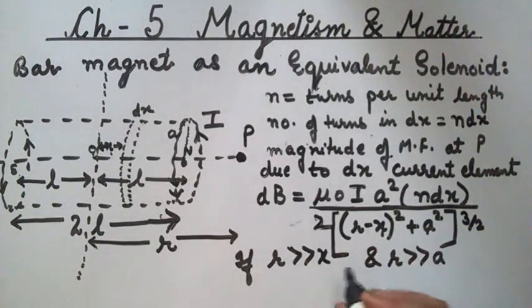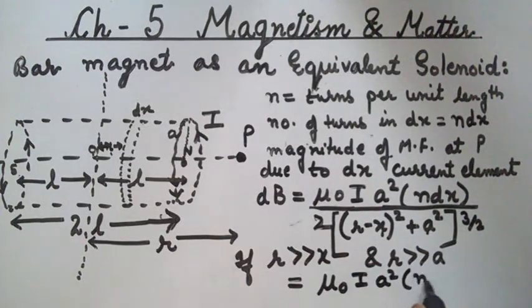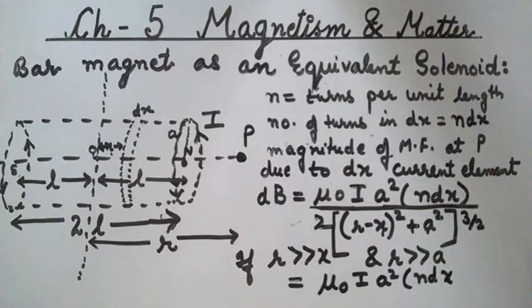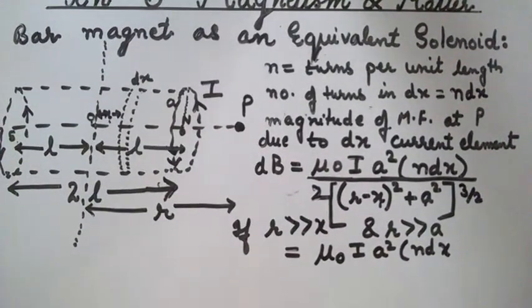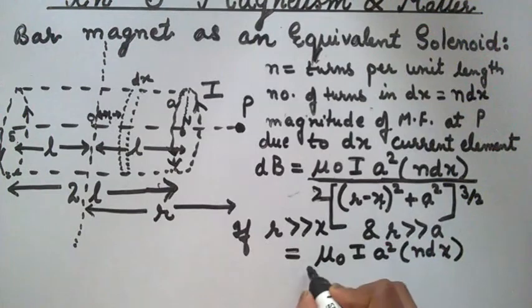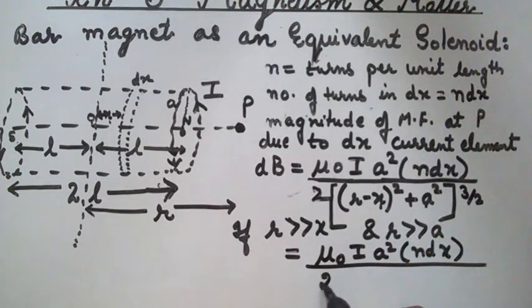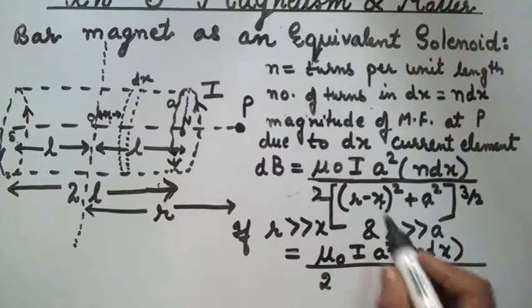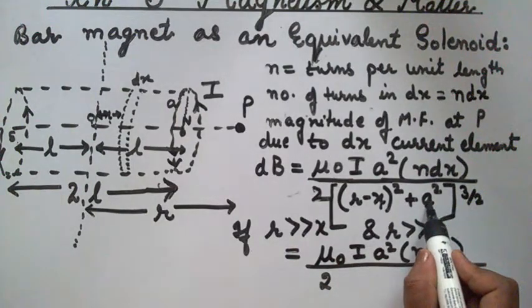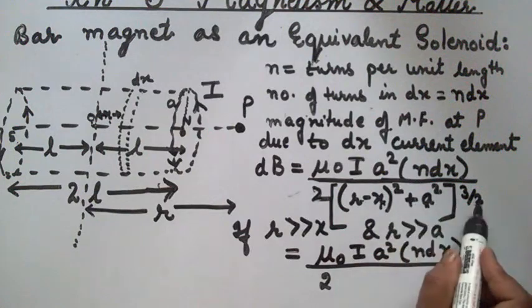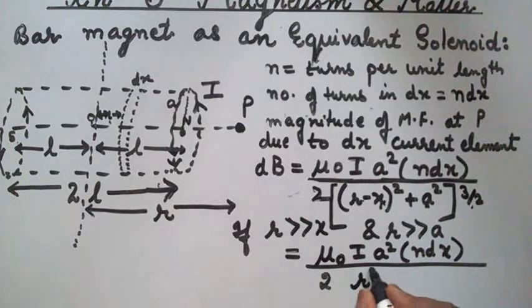Therefore, in the denominator we get r square, numerator will be as it is, mu naught I a square and dx, upon 2 r square, and in the end 2 will cancel out and we remain with r cube. This is the value of the small magnetic field.